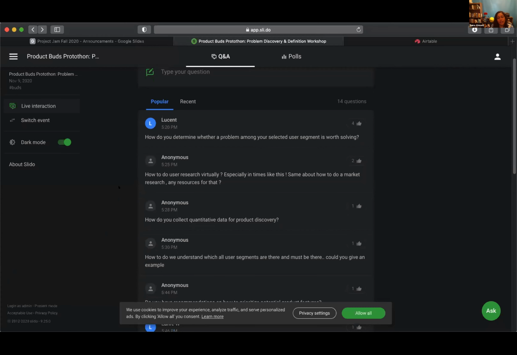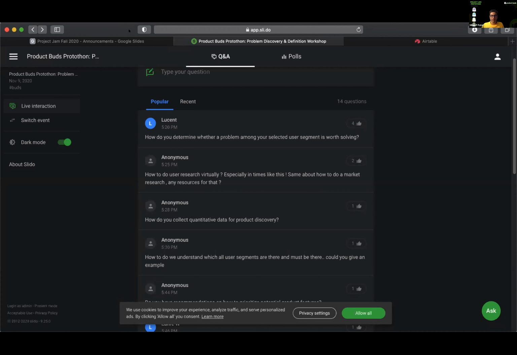Is it going to help us make money for the company? So in terms of retaining users, having more users come back, or getting brand new users as well. Those are some things you definitely want to think about when you're deciding what is worth solving for, and whether you're thinking about the right user segment.